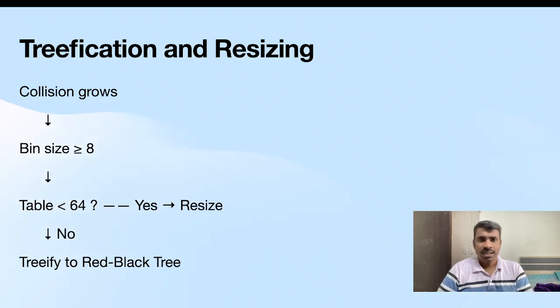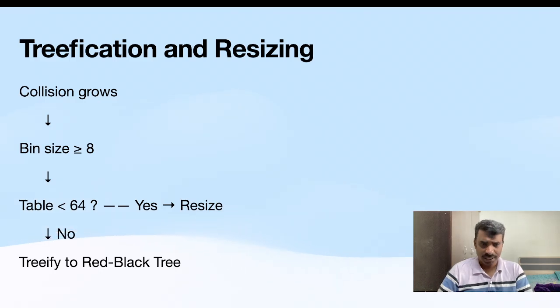So treeification and resizing, when the collision grows. If you keep on inserting data into your concurrent hash map, there is a chance for collision, right? If the same hash code comes in, then it will check for bin size. If the bin size is greater than or equal to 8, it will check the table size, the total size.